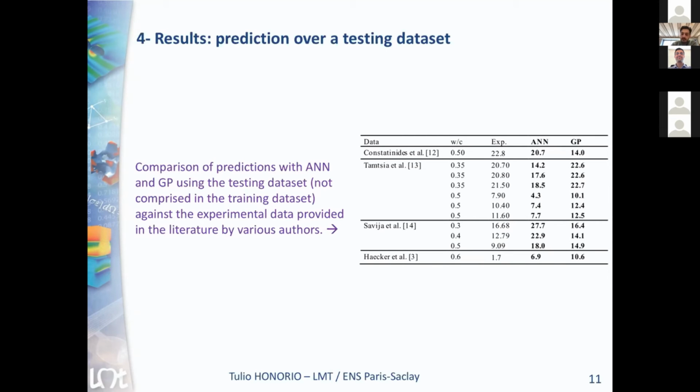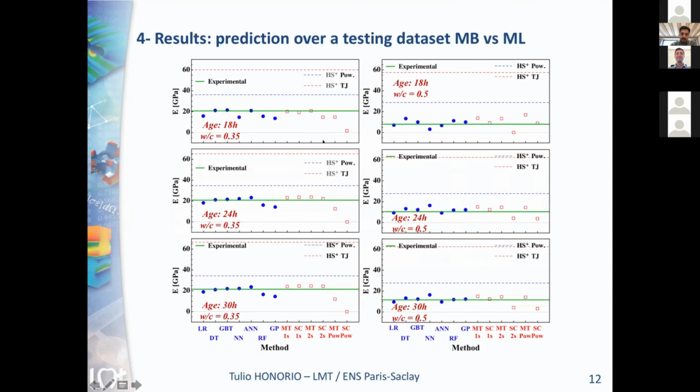Looking a little bit more in detail at the case of Tamtia, it's a quasi-static measurement of the Young modulus. We can see all the machine learning methods give a reasonably good estimation of the Young modulus.